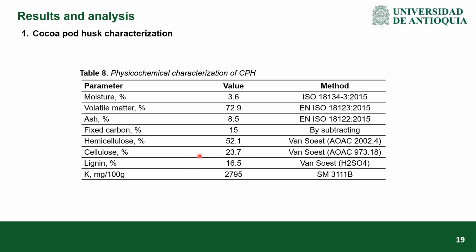The moisture was 3.6%, the volatile matter was 72.9%, the ash was 8.5%, the fixed carbon was 15%, the hemicellulose was 52.1%, the cellulose was 23.7%, the lignin was 16.5%, and the potassium was 2,795 milligrams per 100 grams.